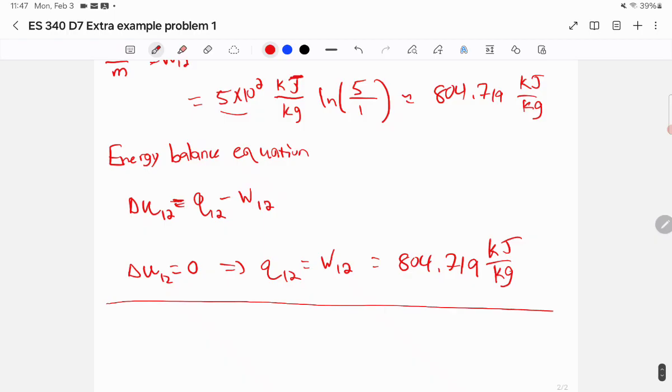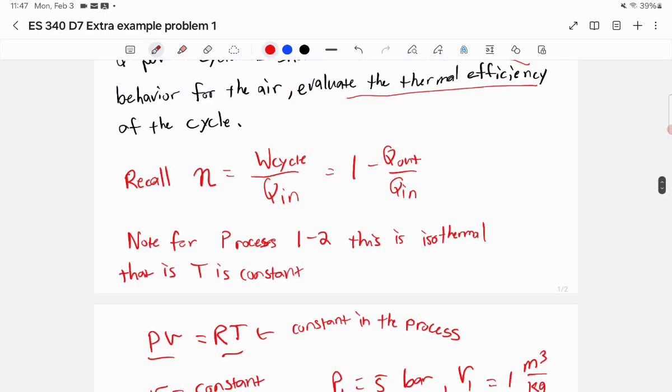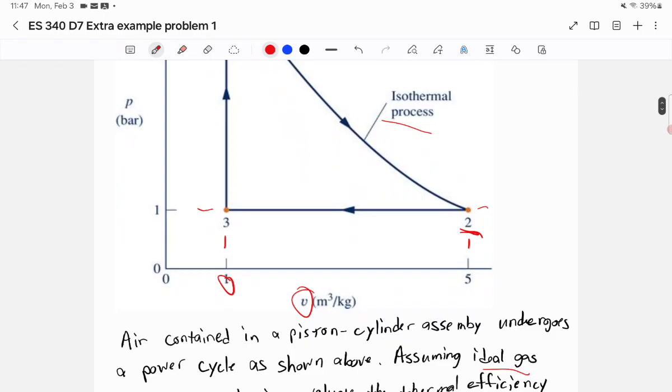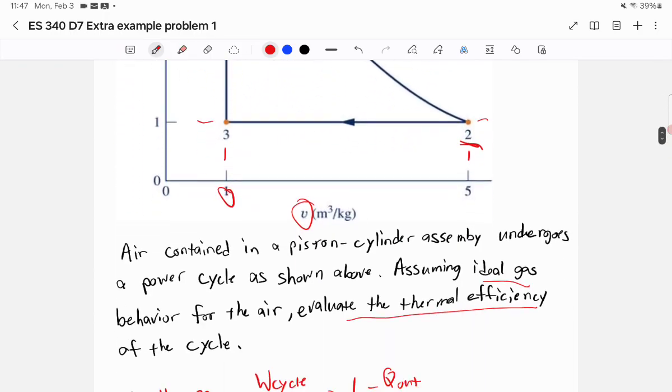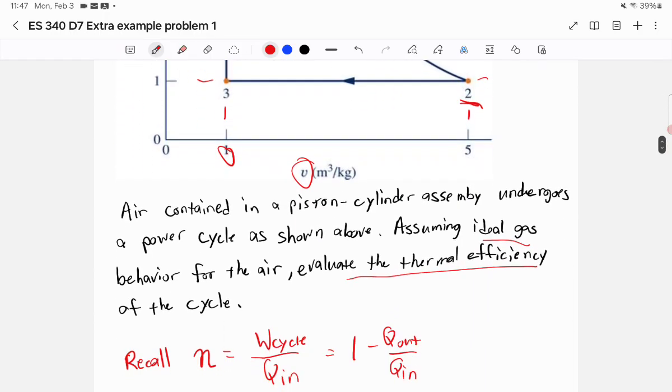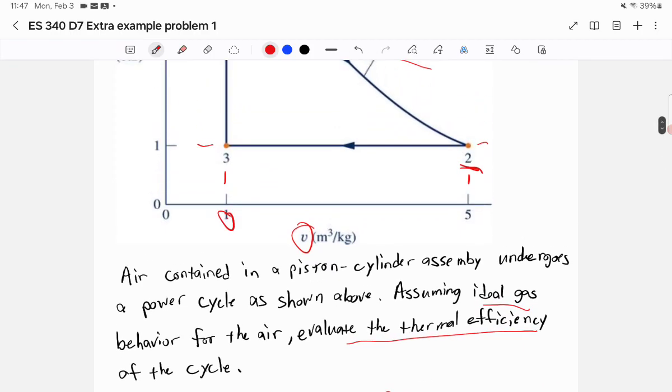Okay, so for 2 to 3, what we're going to do is note that for this particular problem, we have constant pressure, right?